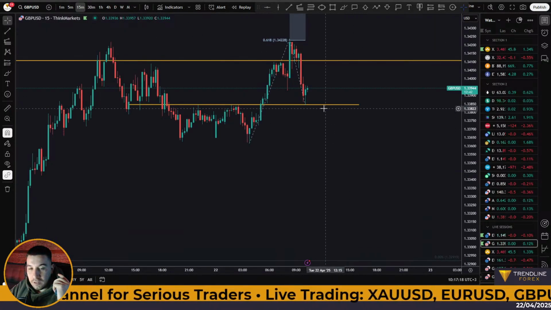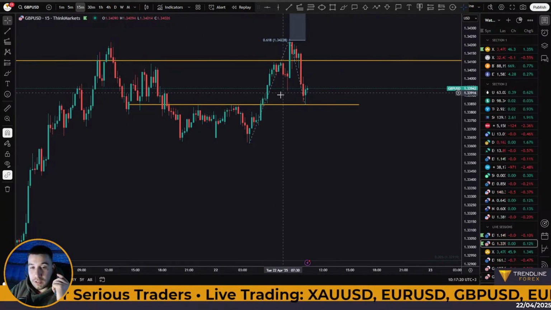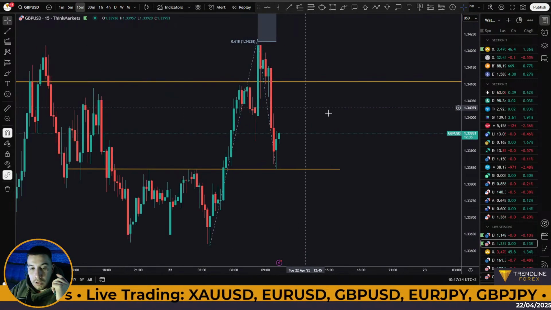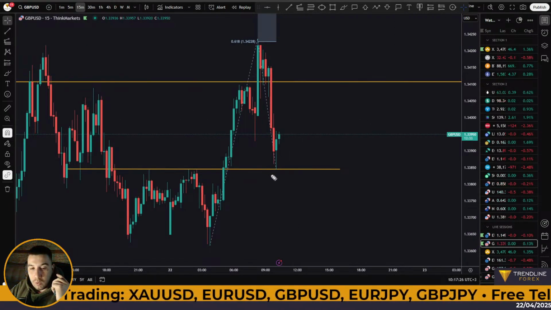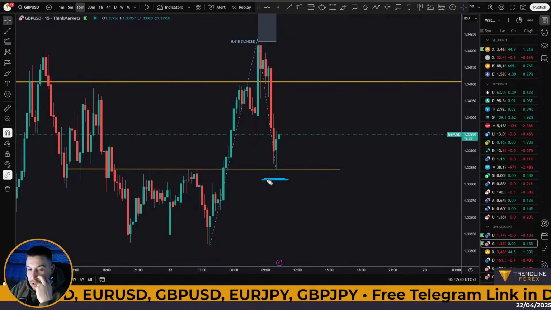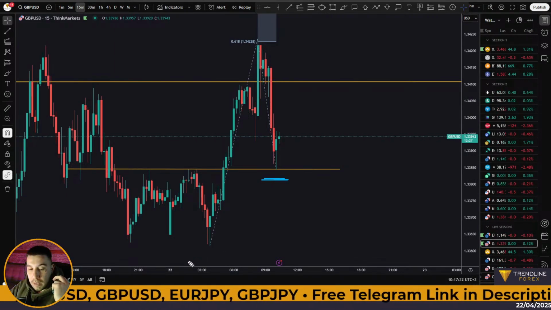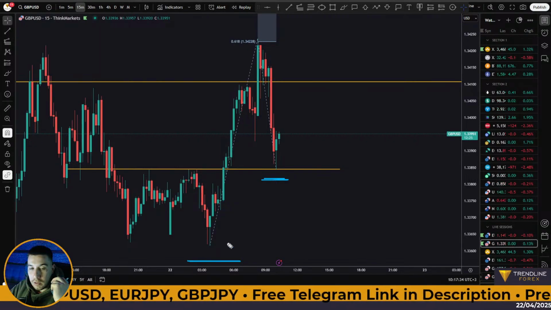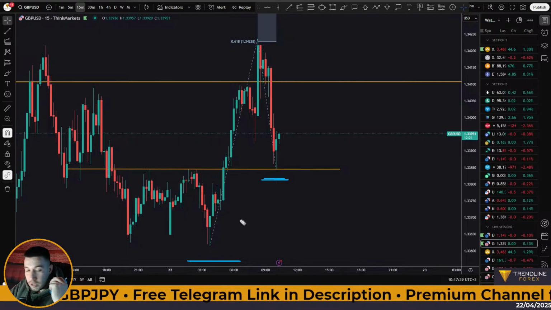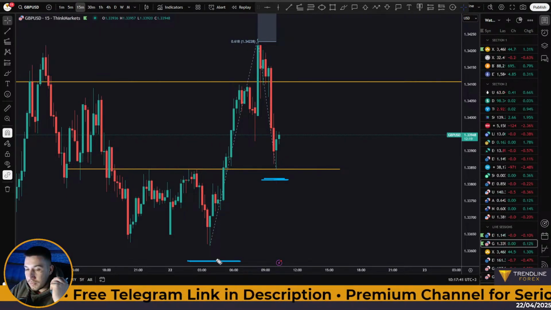Now, if anyone decides to go long on this setup right here, it's probably best to do that with a more aggressive stop loss and a smaller lot size. Because even if you place your stop loss right here, just based on this entry, this is going to be your conservative stop loss.